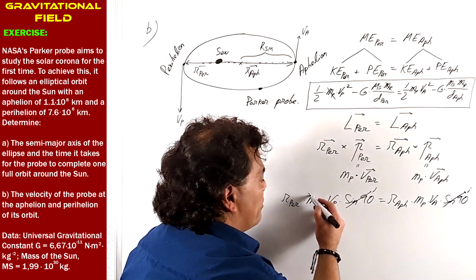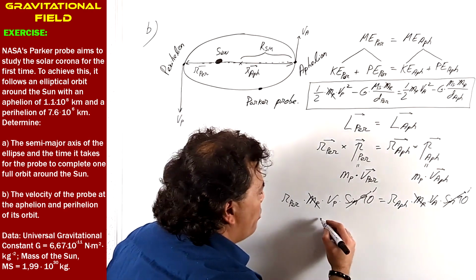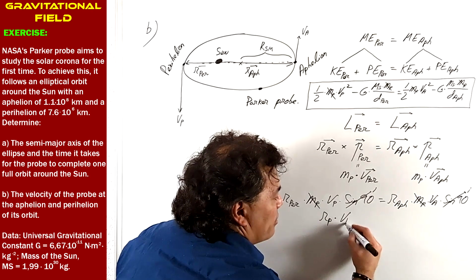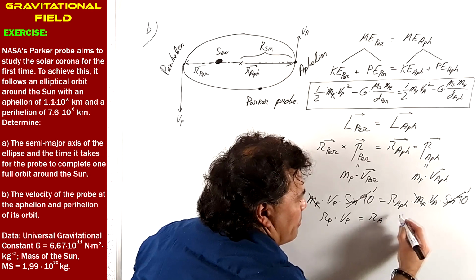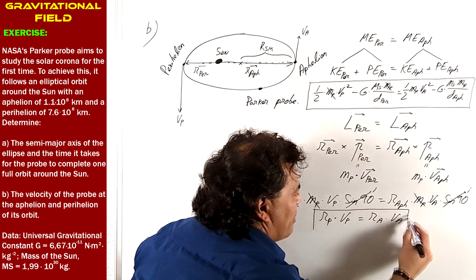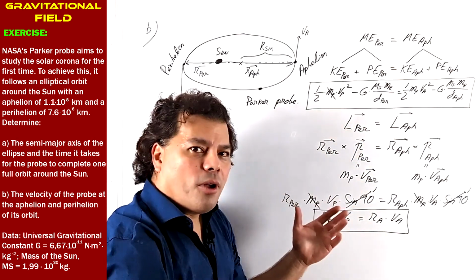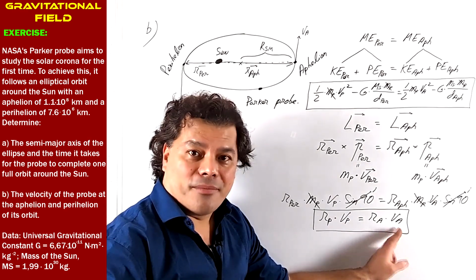We can also cancel the mass of the probe, and here we have another equation: radial distance to the perihelion multiplying the velocity at the perihelion equals the radius or distance to the aphelion and the velocity at the aphelion. And this is the second equation that we're using with this one in order to solve for the velocity at perihelion and velocity at aphelion.